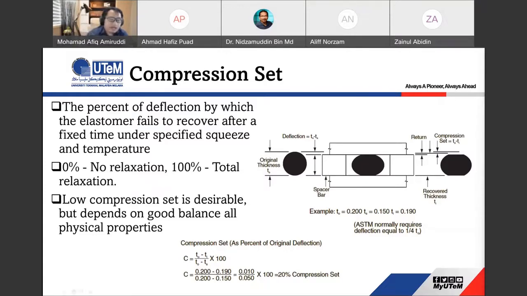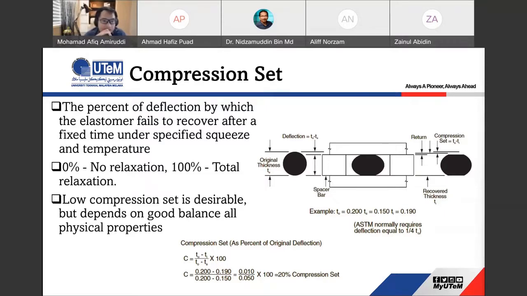So the guideline is 10% or 0%. It means that there is no relaxation, so it means that your O-ring is good, and 100% is total relaxation. So it means that it will not go back to the original position. If the O-ring is deformed, we squeeze the O-ring for a specific time, and if the O-ring doesn't go back to the original shape, it means that your O-ring needs to be replaced.